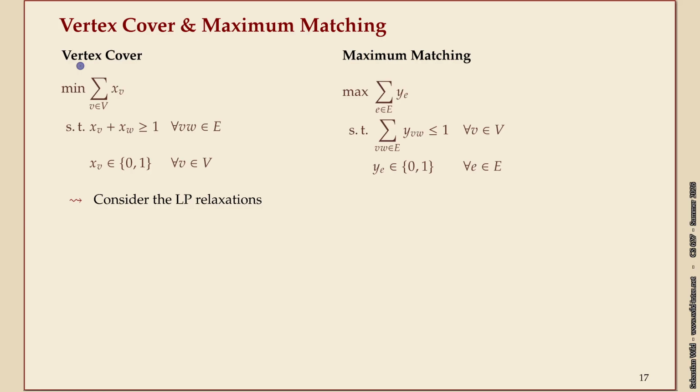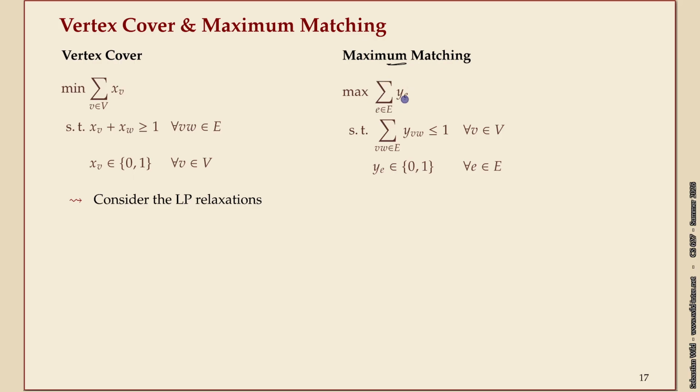It turns out there's a much nicer, deeper structure behind this idea. First of all, you can write down vertex cover and maximum matching, the overall largest in this case, both as integer linear programs. For vertex cover, you have a variable for each vertex. You can either pick it or not, but you need to make sure every edge has at least one of the endpoints picked, so the sum of the endpoints must be at least 1. Whereas for matching, we have a variable for each edge.